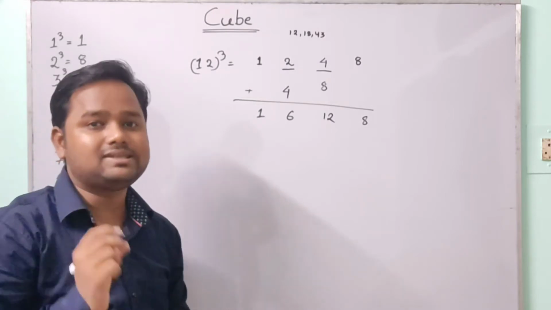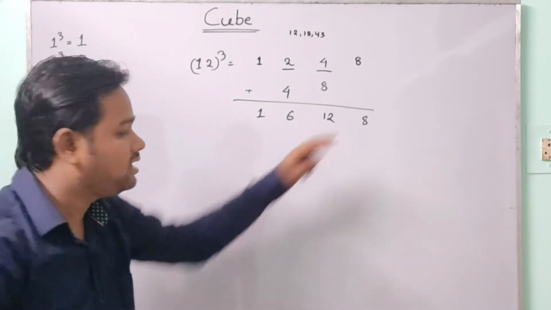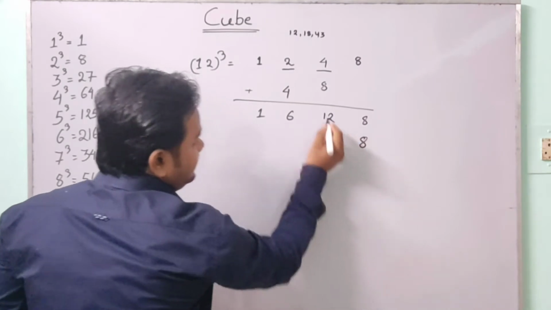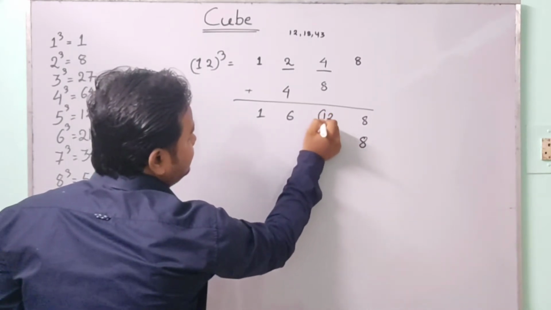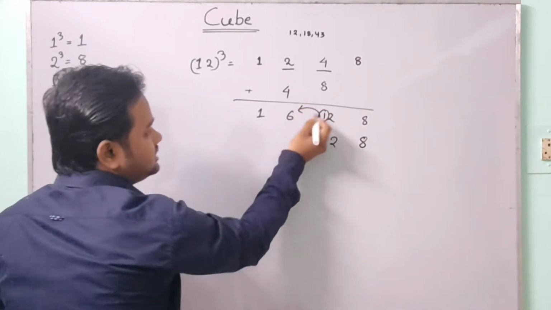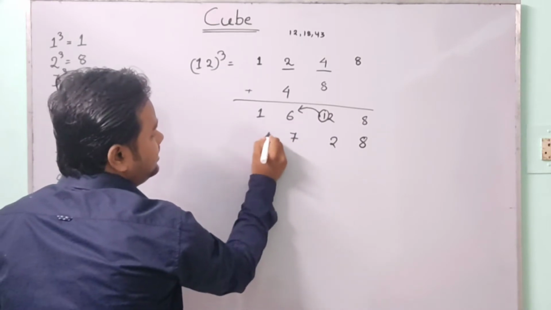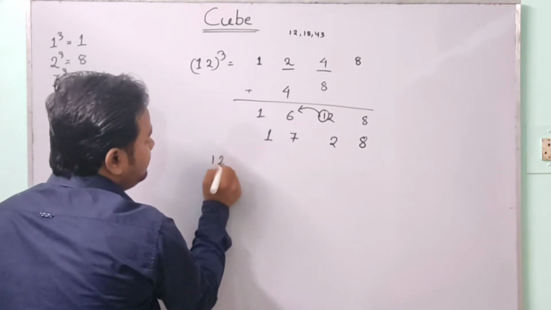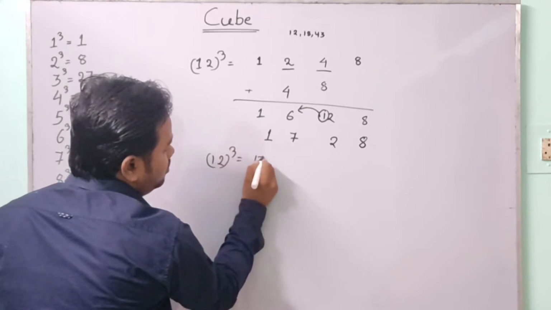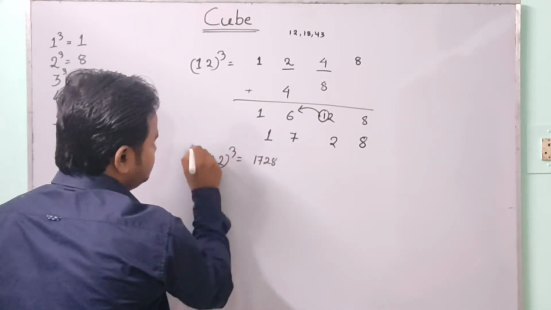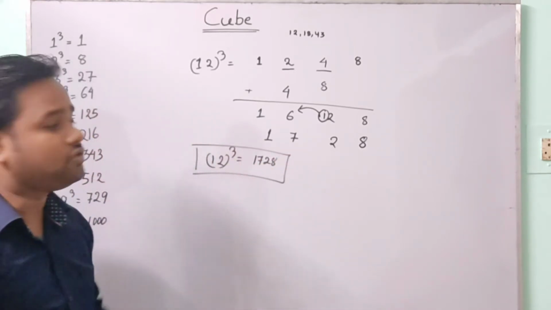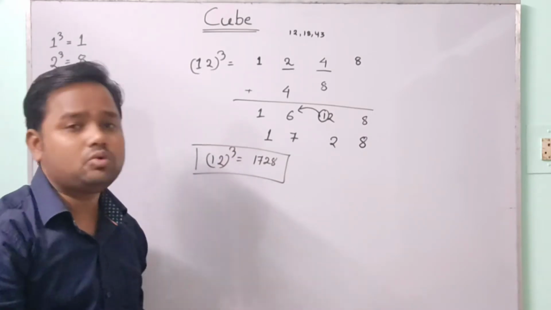That means only one digit will be written in each place. So here I will write 8, here 2, and 1 will be carried towards this. So 6 plus 1 is equal to 7, and here it is 1. So 12 cube is equal to 1728. It is the easiest way to find the cube of a number. Next we will do another example.